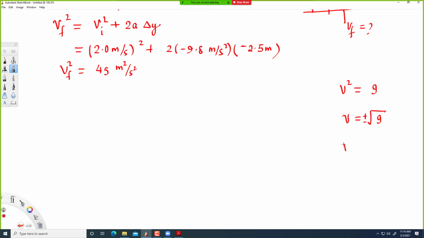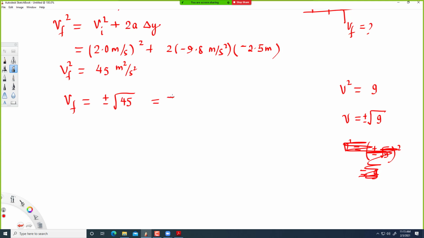Because when you square this, this will be 9. Okay? So when you get rid of the square, you need to put plus minus square root. So you do the same thing here. Okay, Vf is plus minus square root of 45.